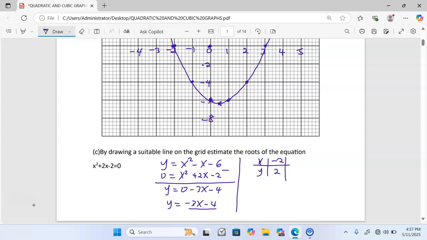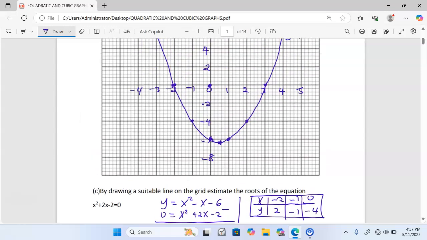And if we assume the value of x is -1, then the value of y is again going to be -1. And if we assume the value of x is 0, then y is going to be -4. These 3 points are enough for us to draw this line.